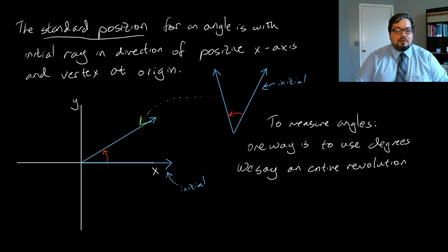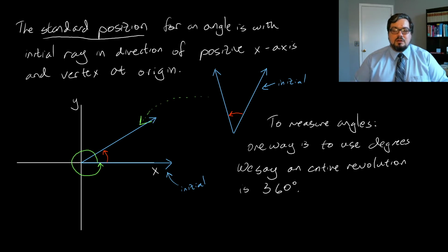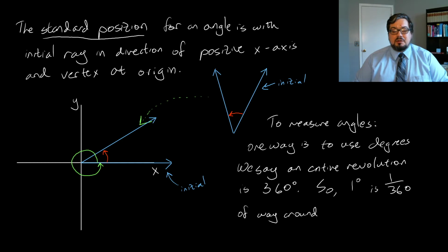all the way around the circle, making an entire circle, is 360 degrees. So that means that 1 degree is 1/360th of the way around a circle.